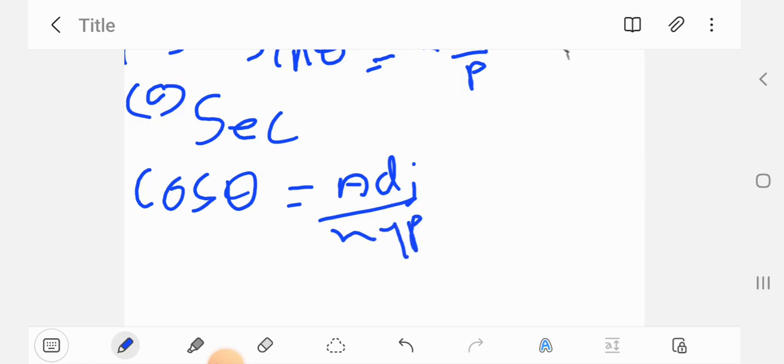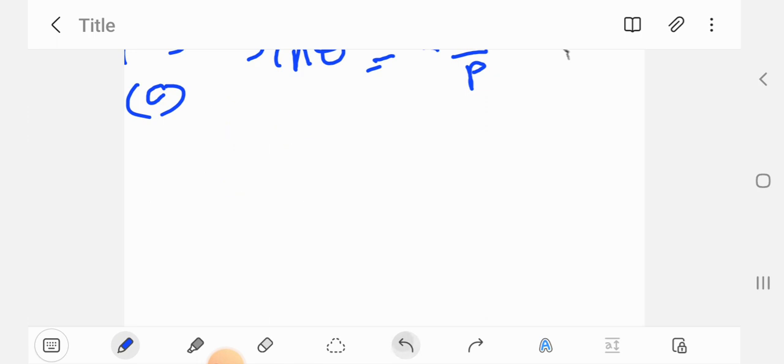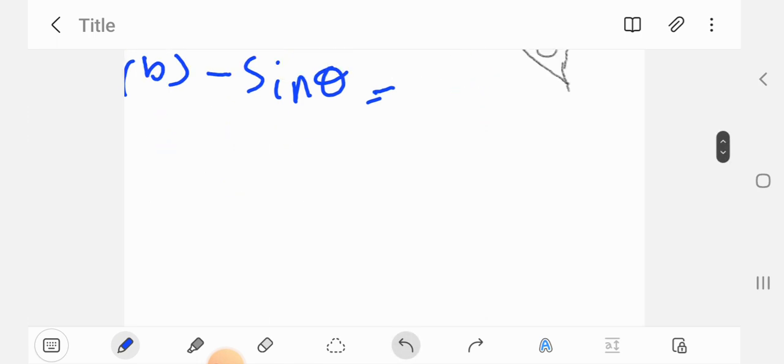Sec, on the other hand, will be hypotenuse over adjacent. Let's erase everything.